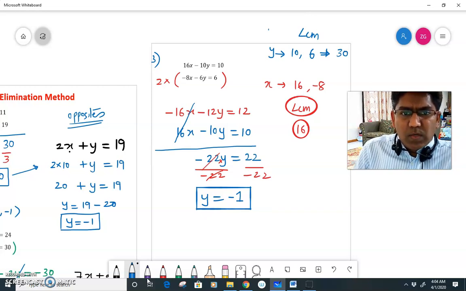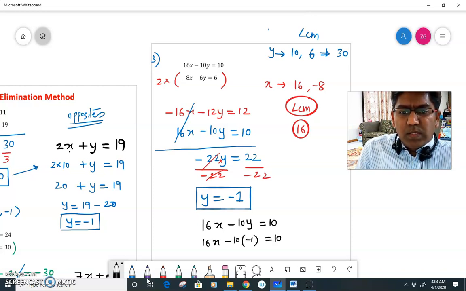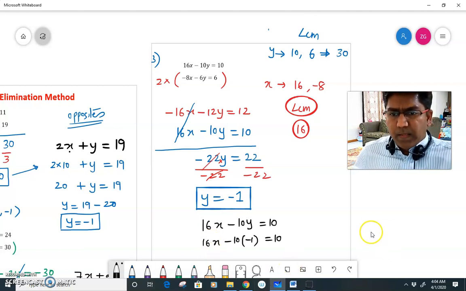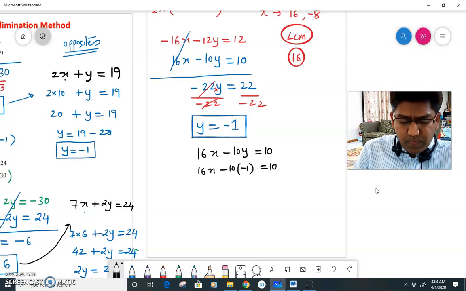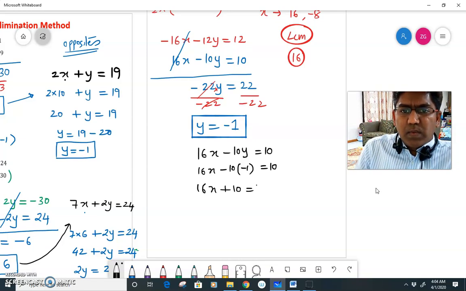So I'll substitute this value of y equal to minus 1 in any of the equations. Suppose I substitute in the first one. The first equation is 16x minus 10y equal to 10. So 16x minus 10, where the value of y is minus 1, equal to 10. 16x minus 10 into minus 1 is plus 10, equal to 10.